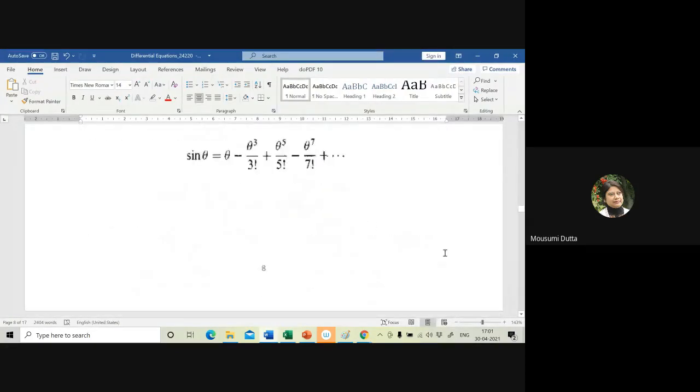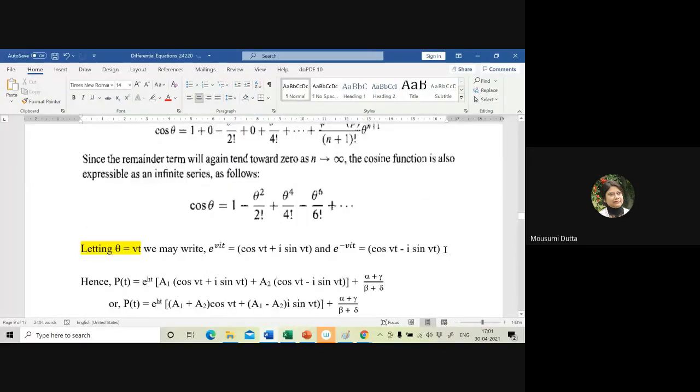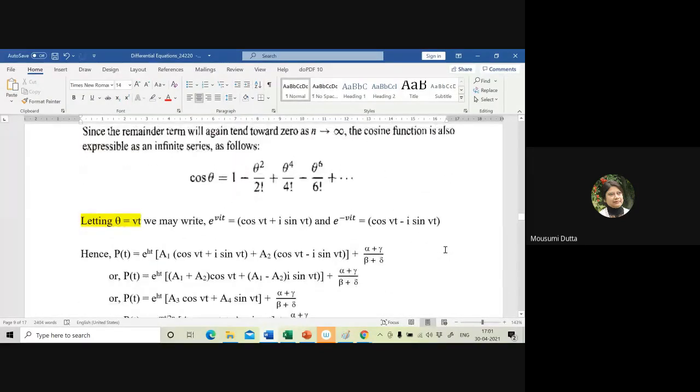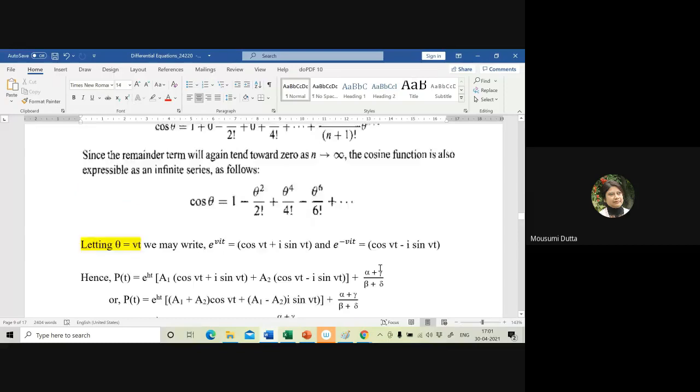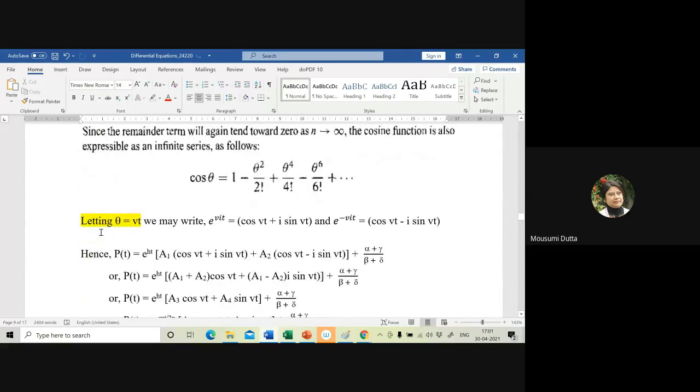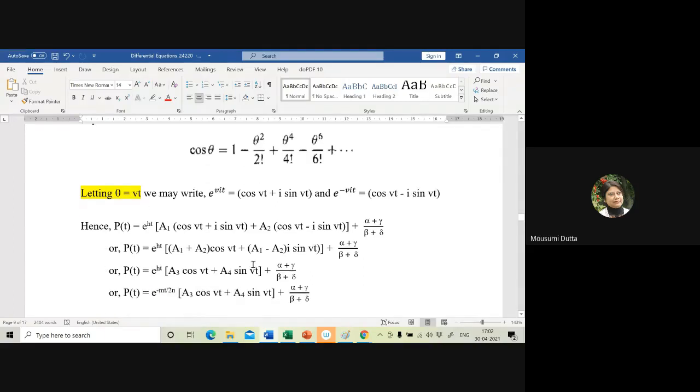Okay, so using these notions of sin theta and cos theta, then we tried to present our time path. However, there we did something. We made an equivalence between theta and Vt. And if you do this part, I think everybody understood. The time path can be written in this format. I think this equation is understandable to everyone.